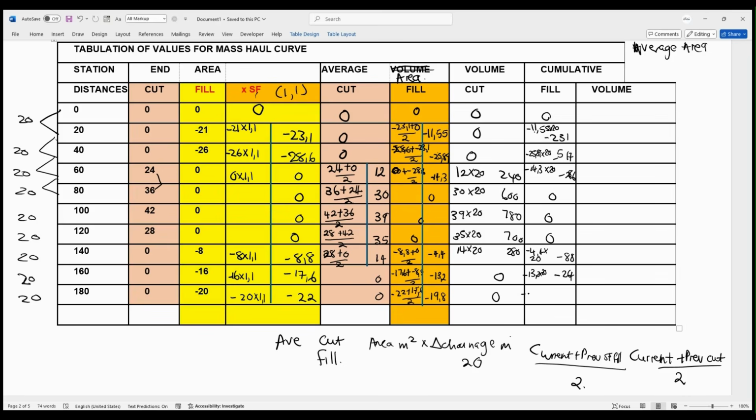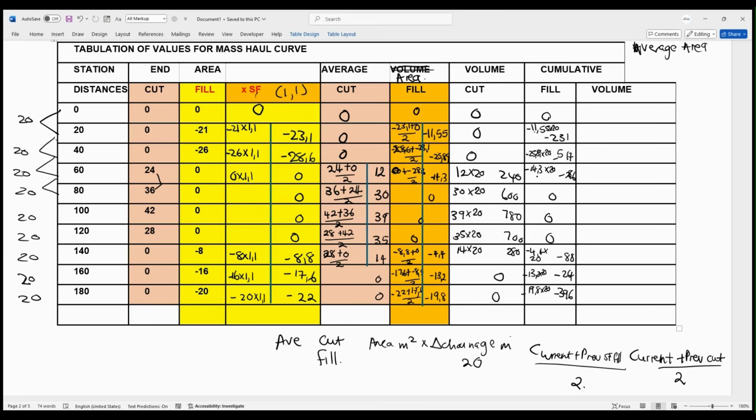Negative 19.8 times 20 is negative 396. Right, that is your cut and fill volume.